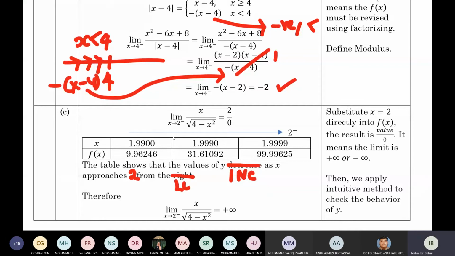Betul kan? Kita ada correction. And answer here increases equals to positive infinity. Soalan C ni mudah saja. You substitute the value and then you check calculator. Okay, settle question C and question 5.